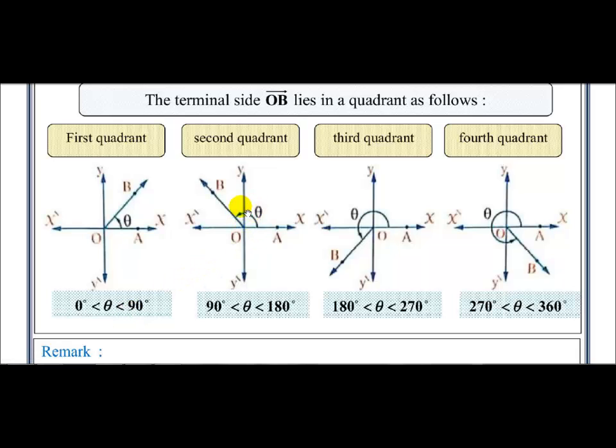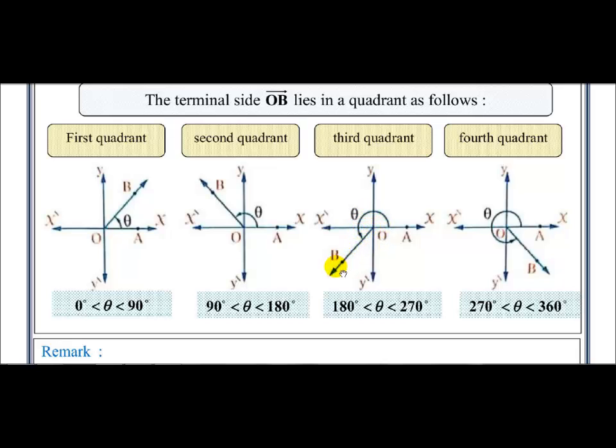Look at this directed angle. This is the initial side and this is the terminal side. My terminal side is in the second quadrant, then this is the position of this directed angle: second quadrant. Third, this is the initial side and my directed angle rounds.